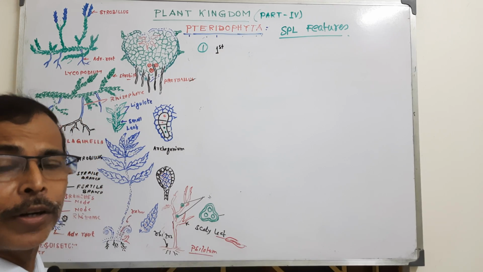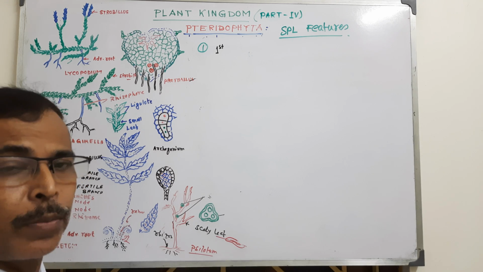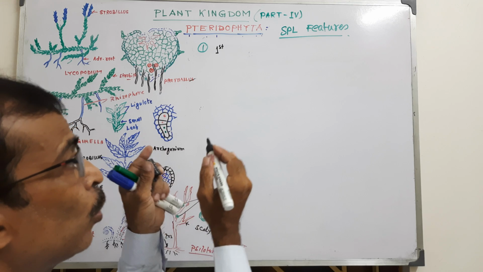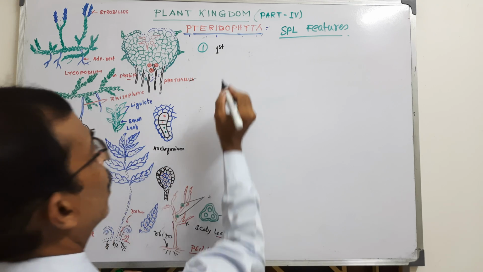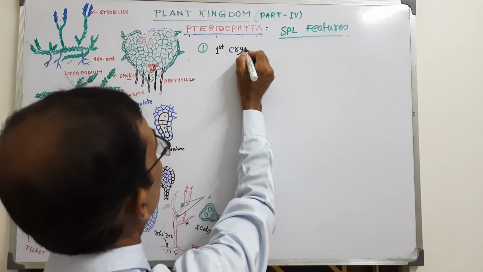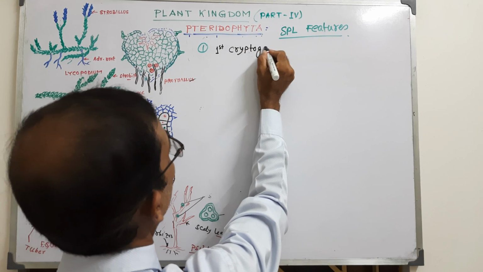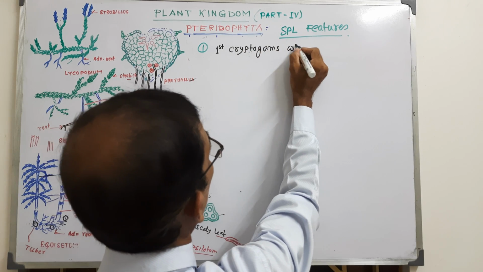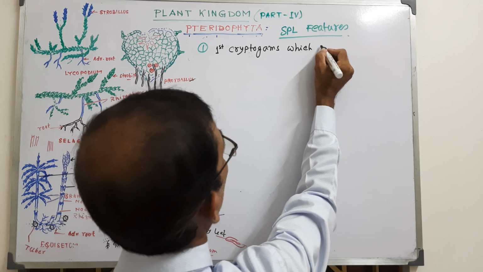Actually, from thallophyte we have seen that they are also cryptograms, bryophyte also cryptograms, but here first cryptograms which possess vascular bundle.